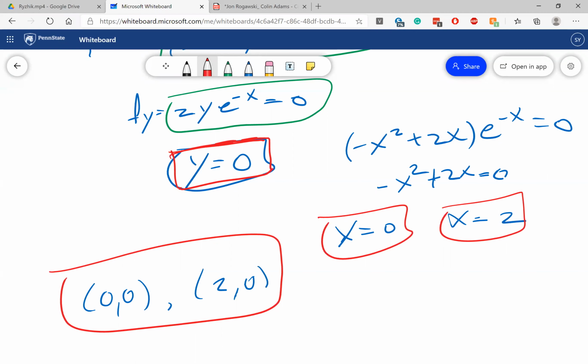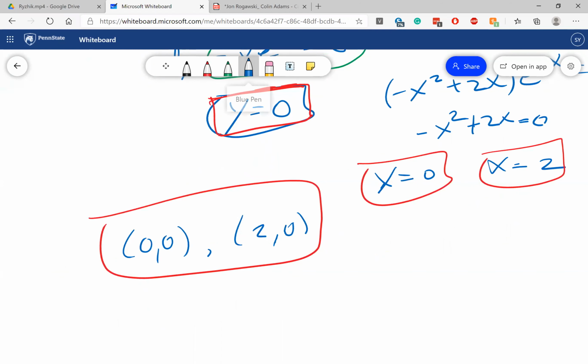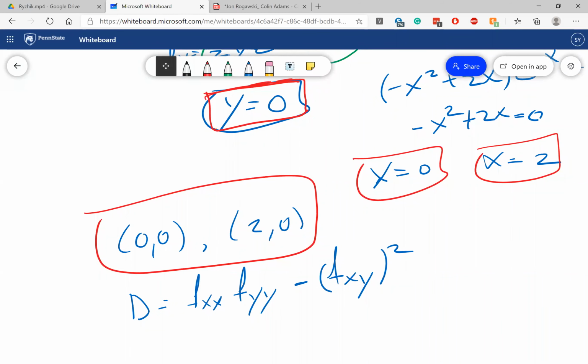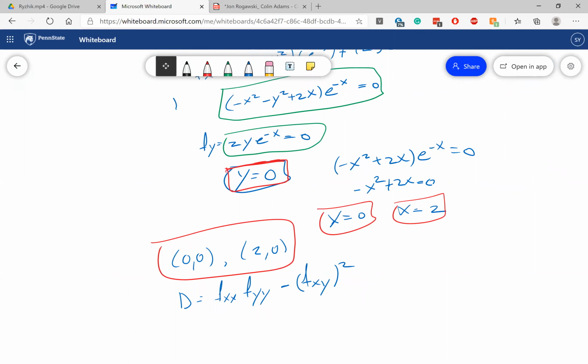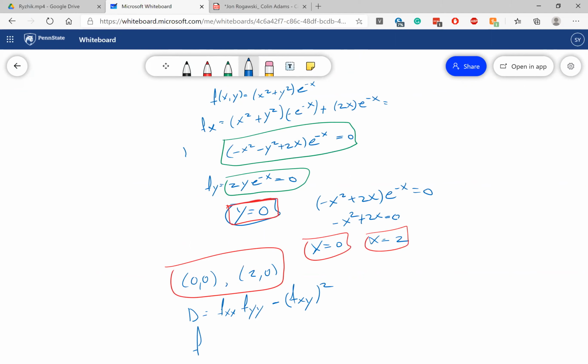Okay, so now we know where our critical points are, and we want to know whether they're minimums, maximums, or saddle points. So our D is equal to the partial of f with respect to x twice times the partial of f with respect to y twice minus the partial of xy squared. So the question is, what is our partial of f with respect to x twice?